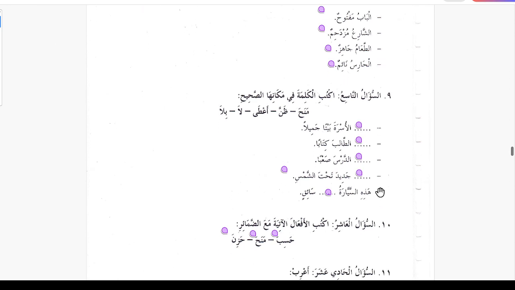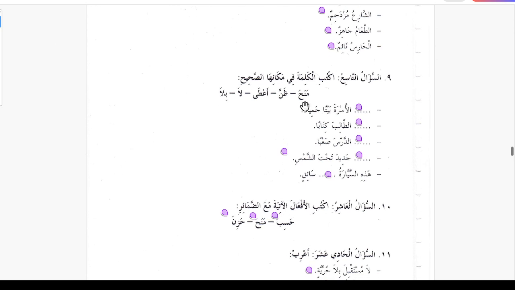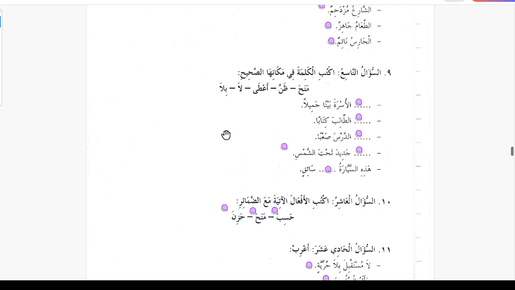Question number 9. Uktubil kalima fi makaniha sahi. Write the word in its correct place. We have to pick one of these words for their correct places: manaha, zanna, ata, la, bila. The first one, I use here manaha, he granted, al usrata, the family, baitan jamilan, a beautiful house.